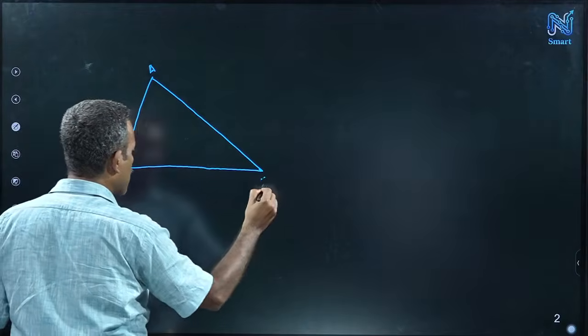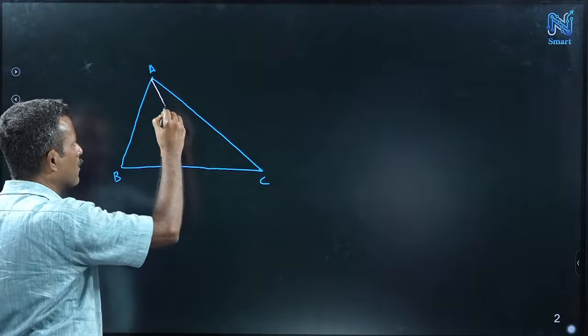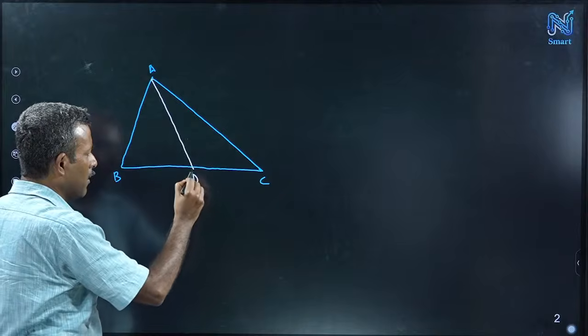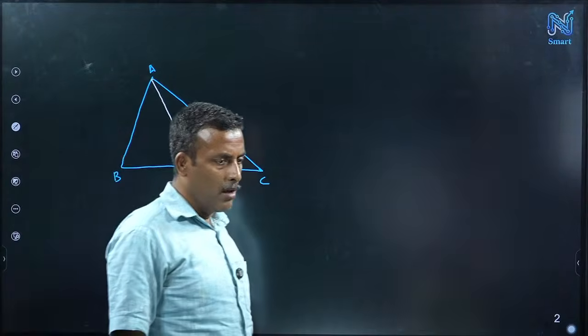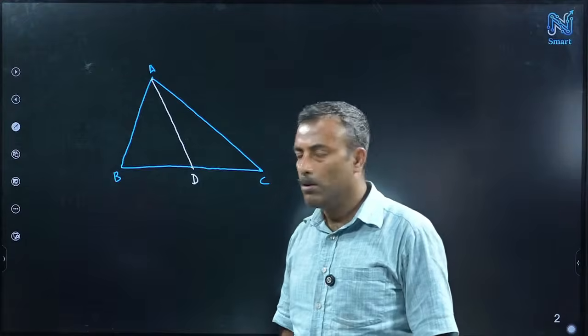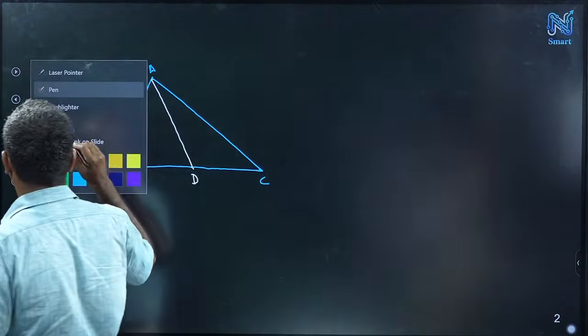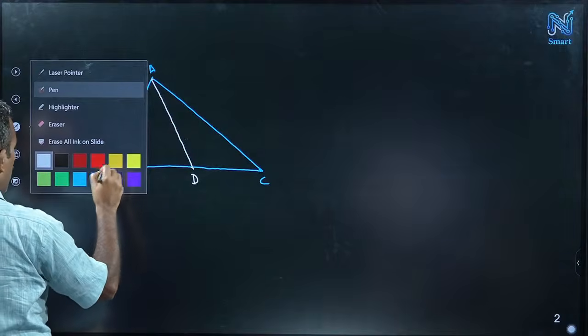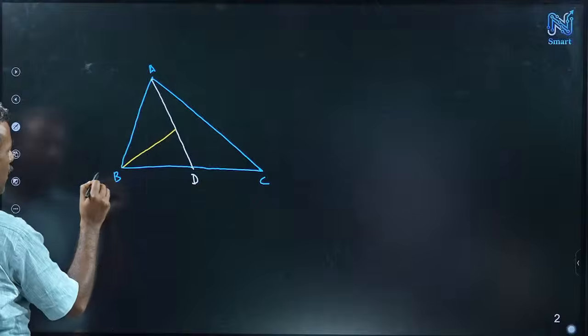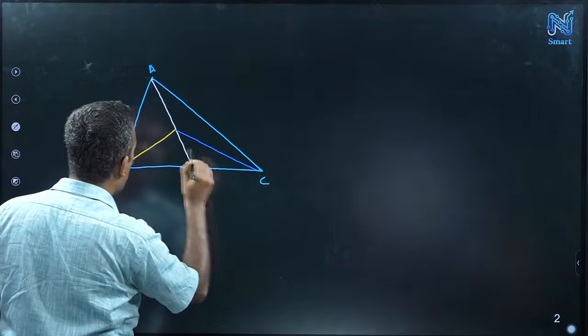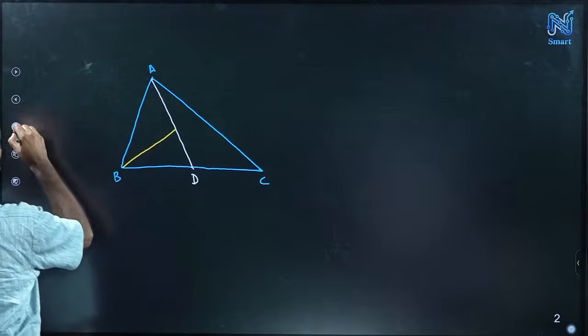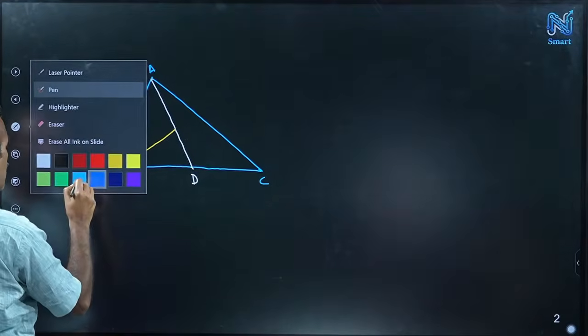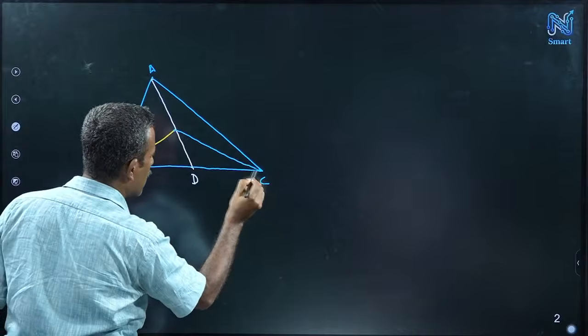The triangle is ABC. We have this line AD, D is the point on BC. So this is the figure.